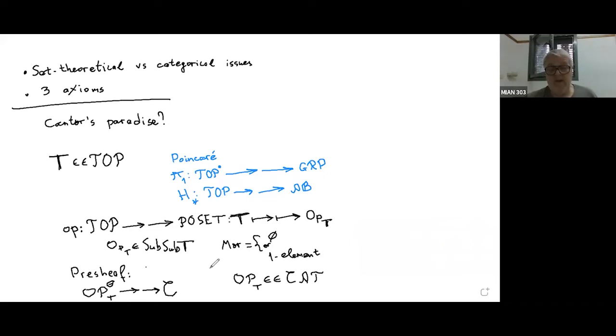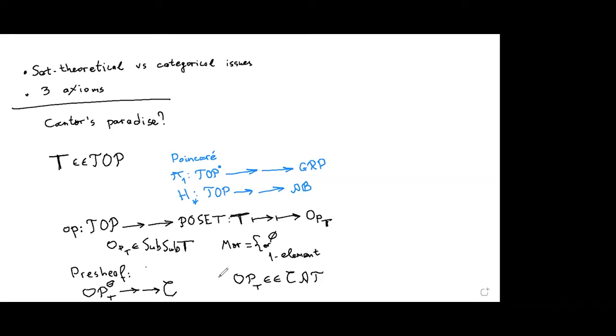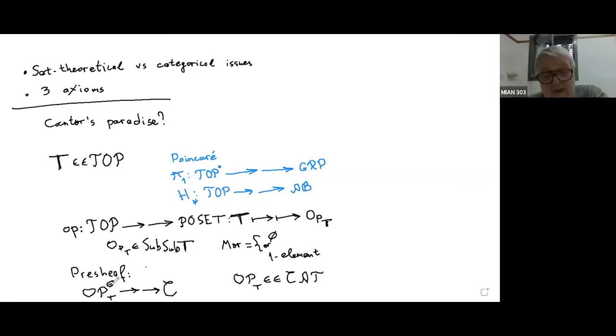Okay. Any questions about this reminding of what we have discussed before? Do I understand correctly that this functor is contravariant? Yes, I call it co-functor, and I use it in a non-standard way.